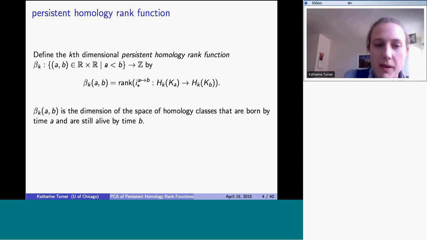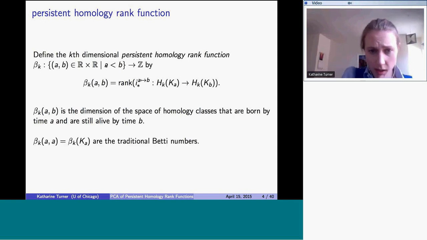They're equivalent information. It's the dimension of some space of homology classes that are born sometime and are still alive by some other time. These are like traditional Betti numbers, which is why we use the beta notation.